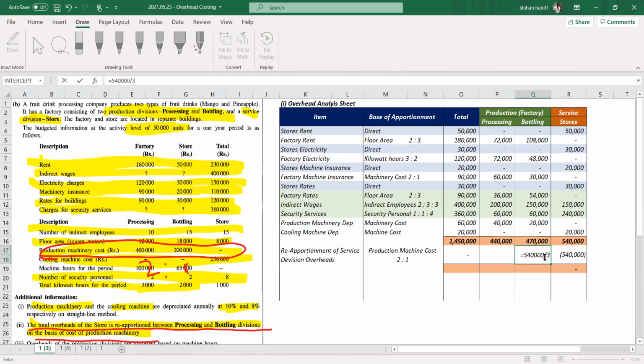Divide by 3 into 1. Divide by 3 into 2. $860.